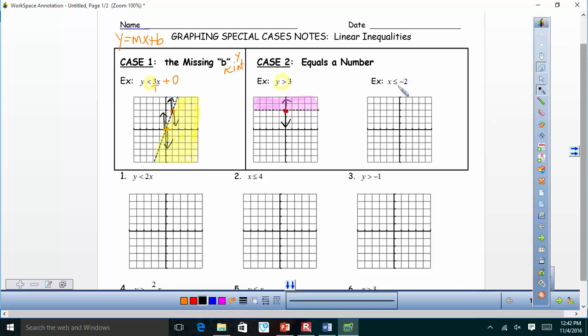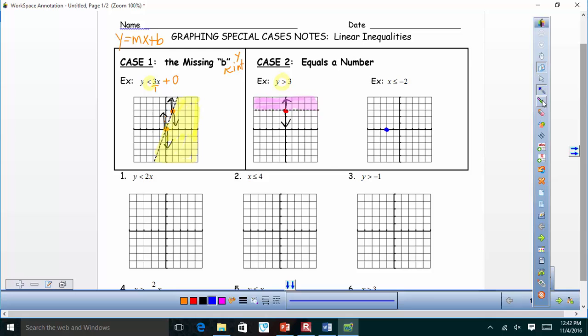So where would x be negative 2? We're talking about x is negative 2. Where is x negative 2? To the left 2. Now would we graph side to side or up and down? Up and down.